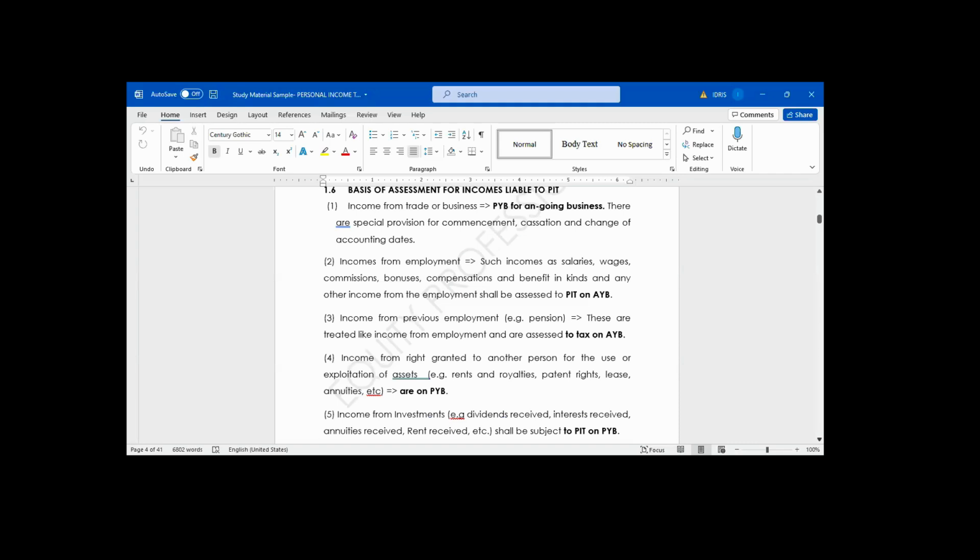If the income is a trading income realized from trade or business, it is going to be assessed to tax on preceding year basis. But if the income is an employment income, like salaries, basic salary, housing allowance, transport allowance, benefit in kind, bonus, commission, that one is going to be assessed to tax on what? Actual year basis.